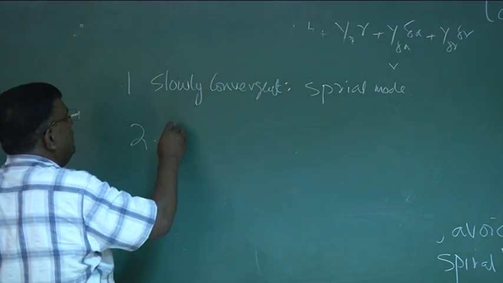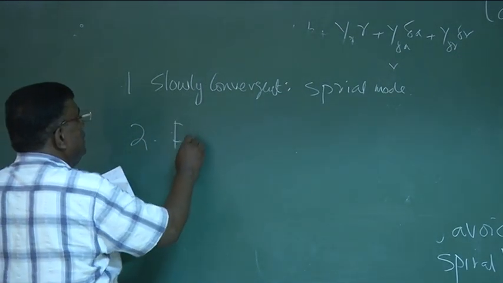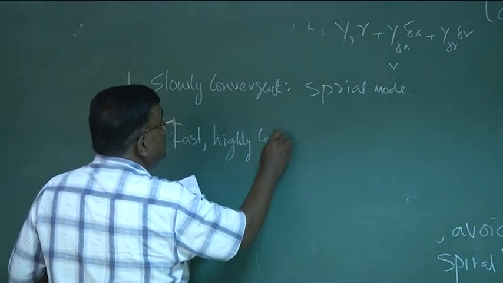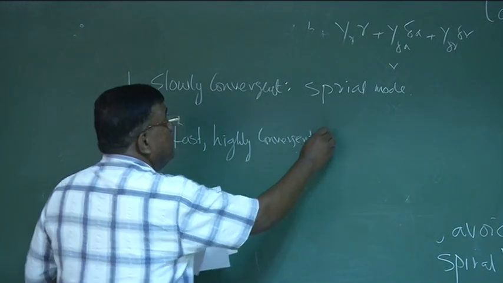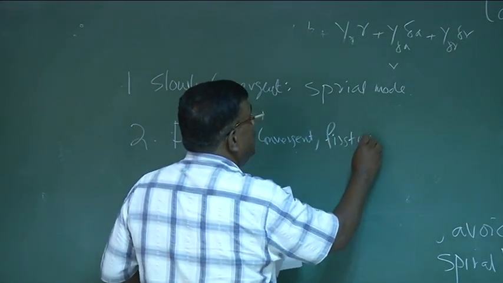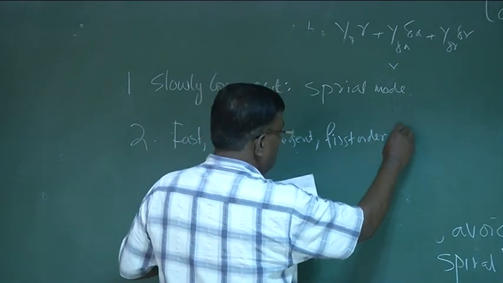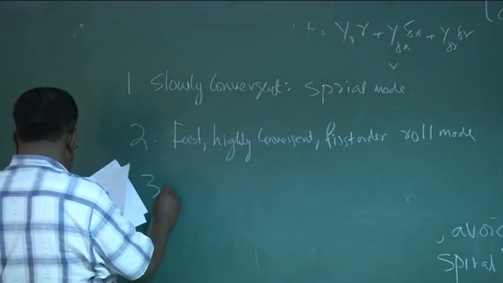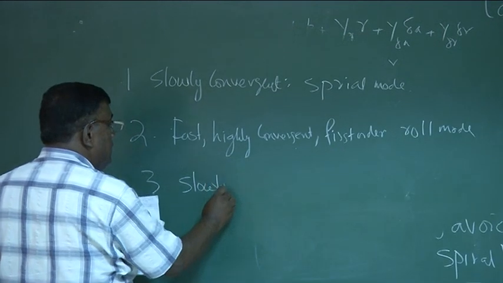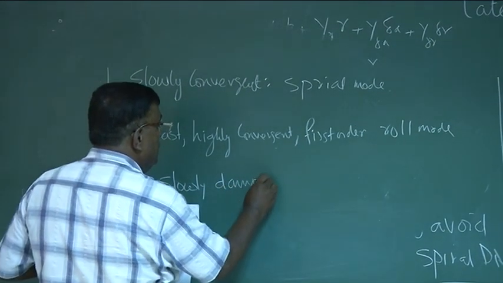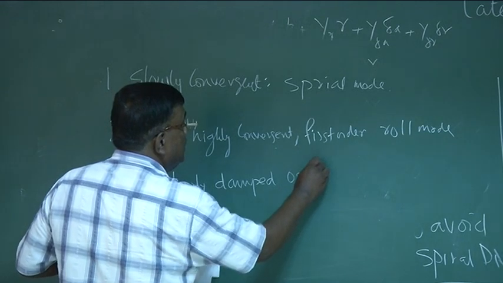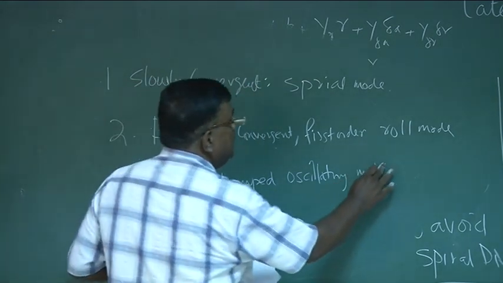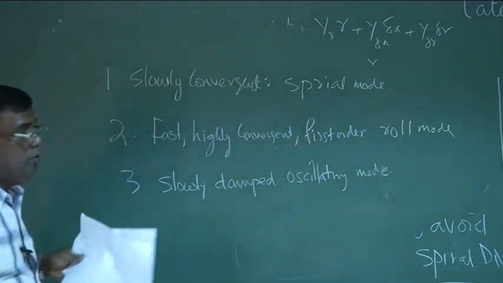Number two, you'll find a very fast or highly convergent first order mode, this is called the roll mode. And third one is a slowly damped oscillatory mode. I will explain in a very simplistic manner. Spiral mode you have understood.